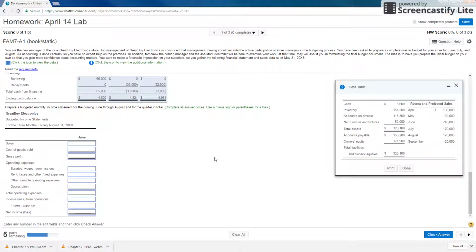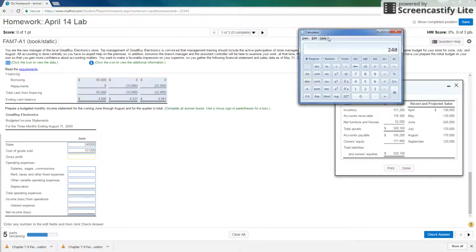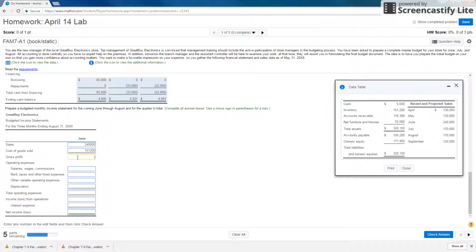Now you have to calculate the budgeted income statement for the system. So for the June, you have $240,000 sales. The cost of goods is 63% of the sales, which is 151,200. You have calculated beforehand. And your profit, if I can find the calculator, is 88,800.